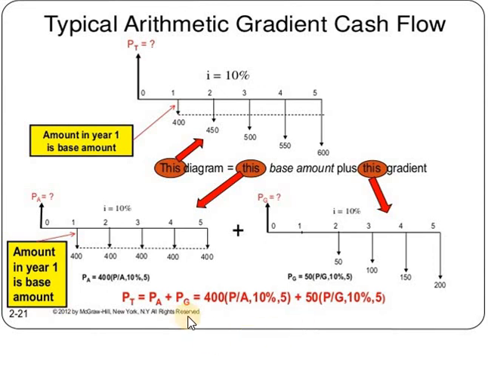So P_G equals G into (P/G, i, n). And what's the number of periods? We agreed that we will have to be looking at the last arrow. It occurs at year 5, so we have a total of 5 years. So we put 5 here and 5 here related to the annuity.